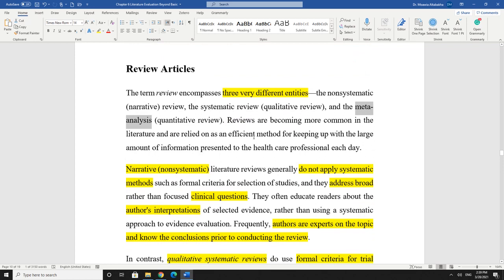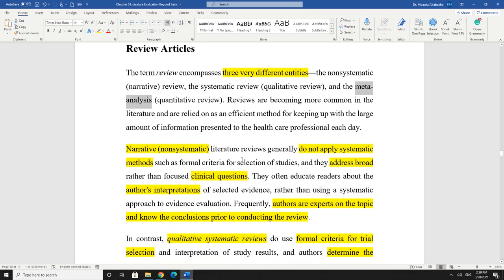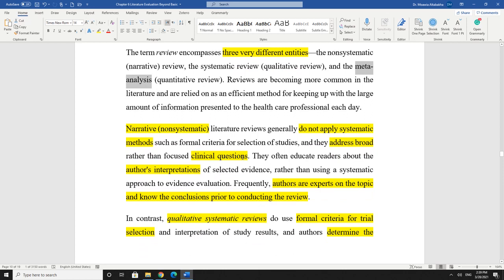So these reviews are becoming more common in order to keep readers up to date with the information that keeps pouring into the literature.